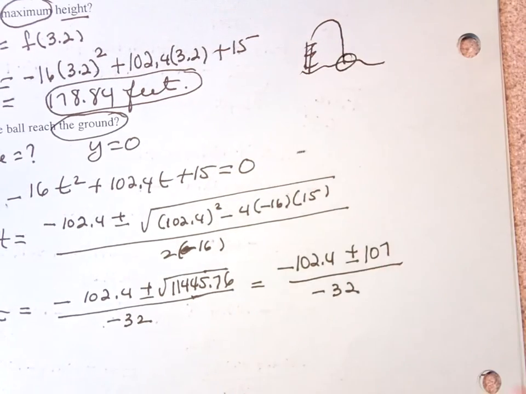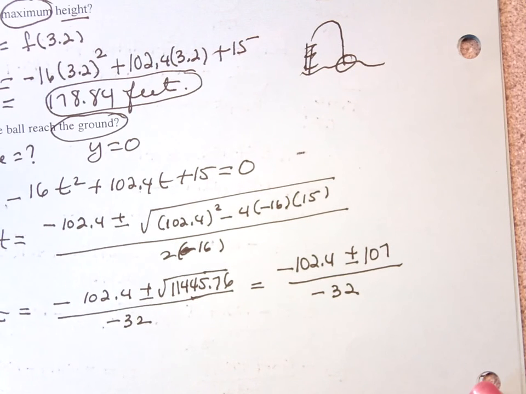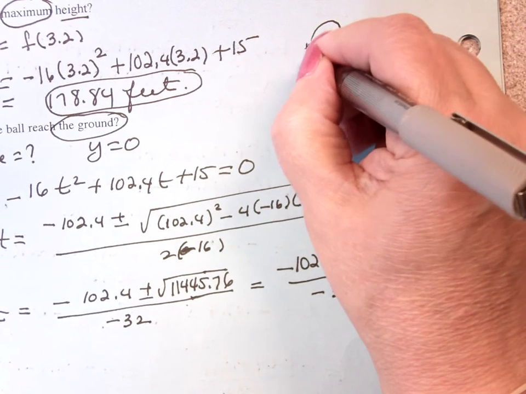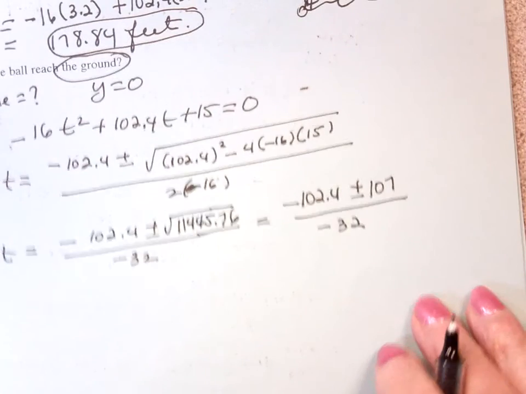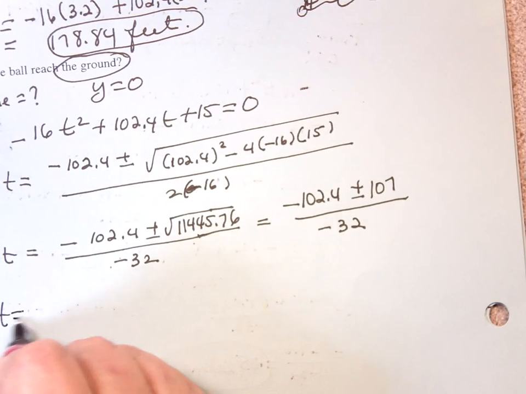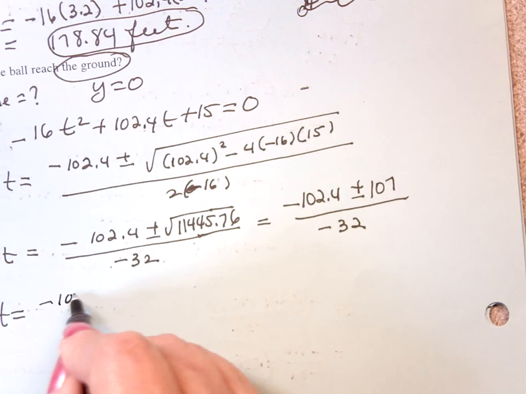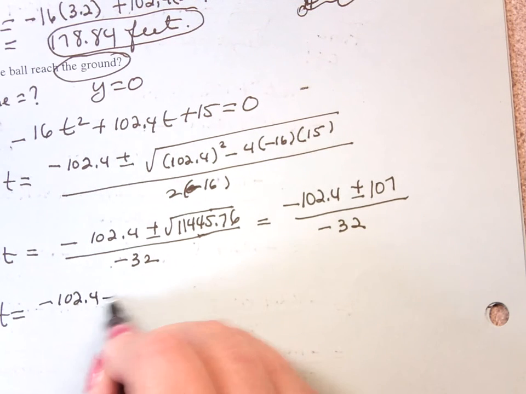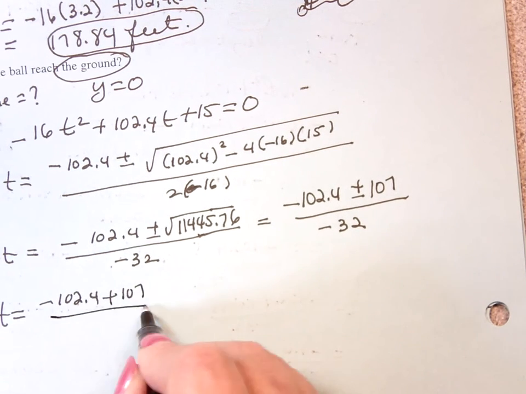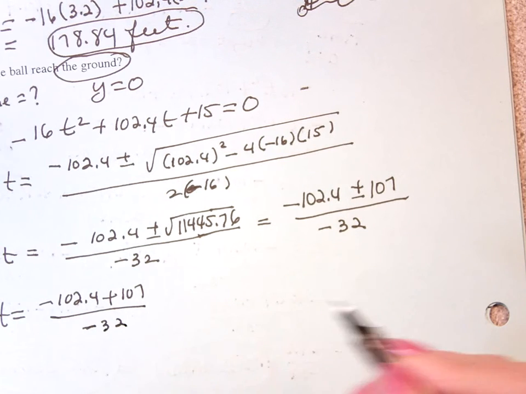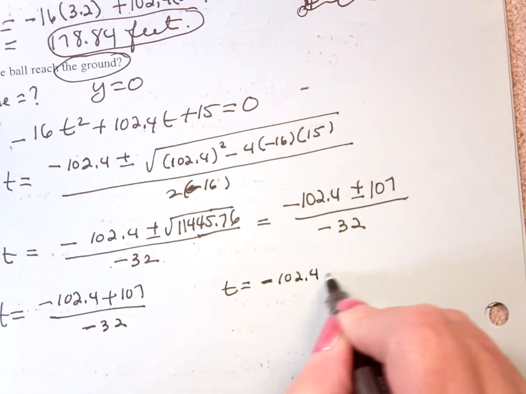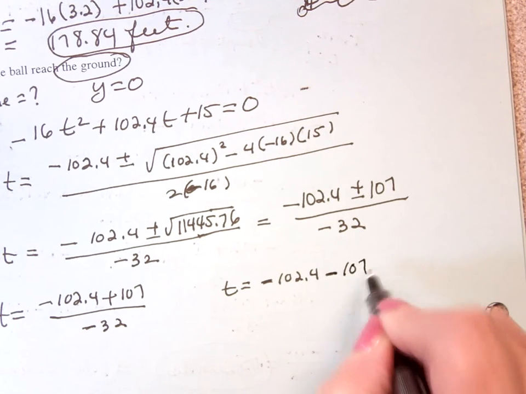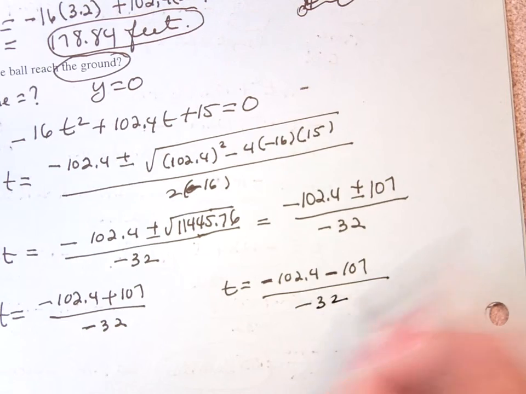Now, if I take a look at the picture, it only is going to happen once. The other side is going to be negative. So it's only going to happen once. So I know that t is negative 102.4 plus 107 over negative 32, and t is negative 102.4 minus 107 all over negative 32.